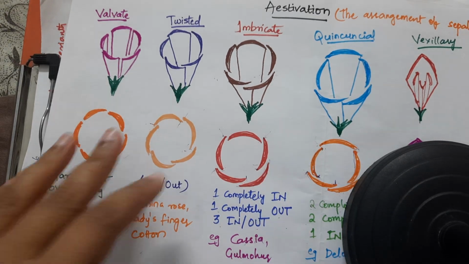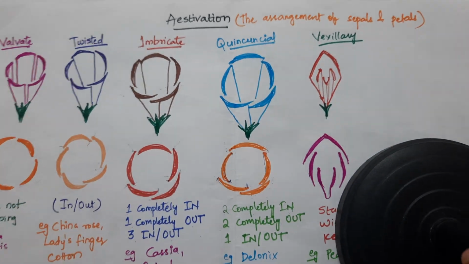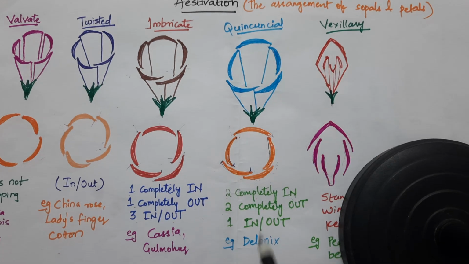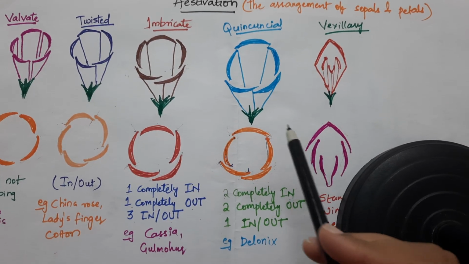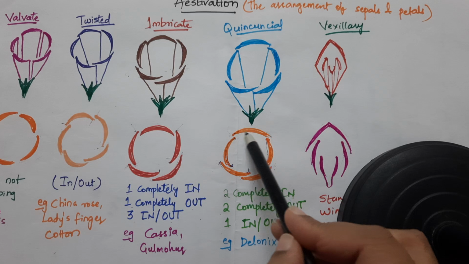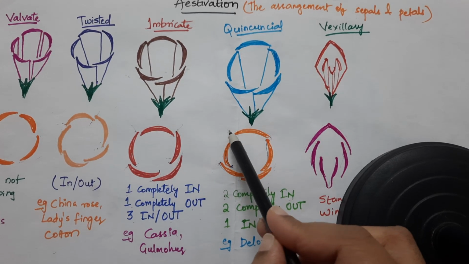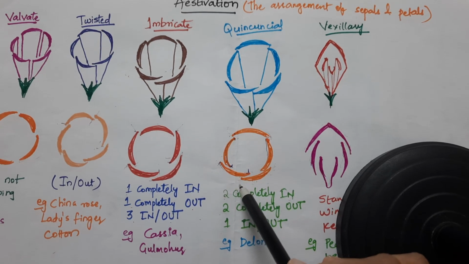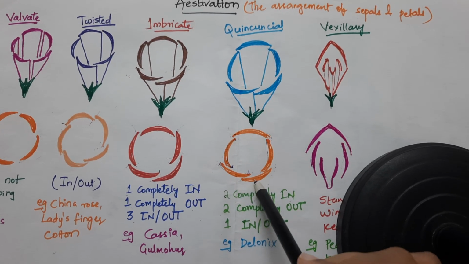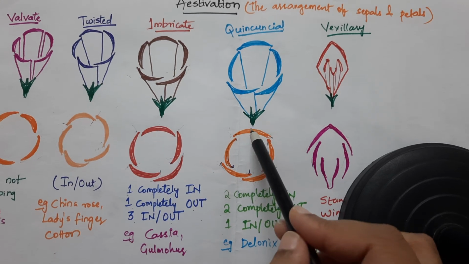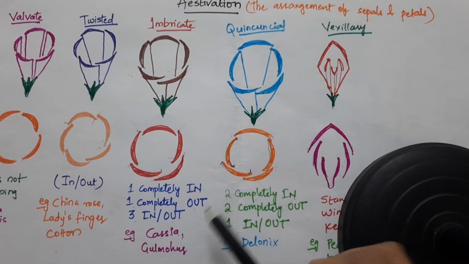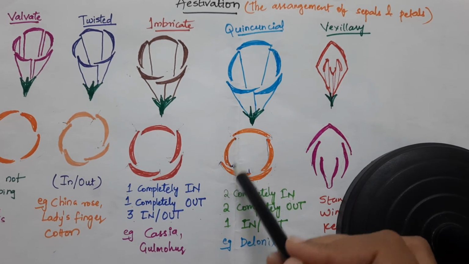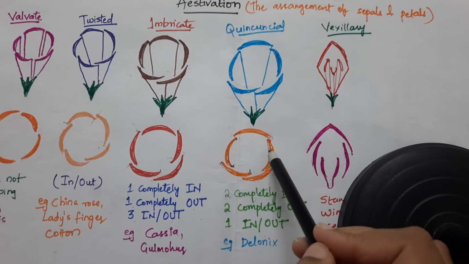The next one is the quincuncial estivation. See here in quincuncial estivation, this particular petal is totally towards the outer side. Both margins are towards the outer side, and in this petal also both margins are towards the outer side. So these two petals are completely outside. Whereas these two petals have both margins inside.